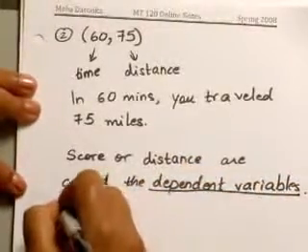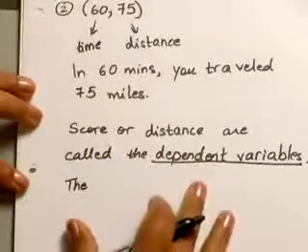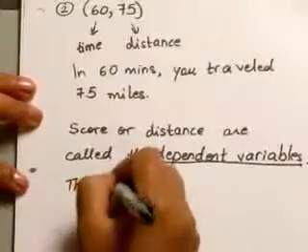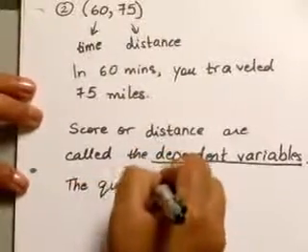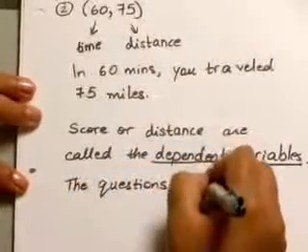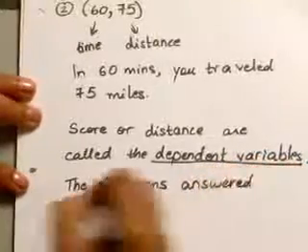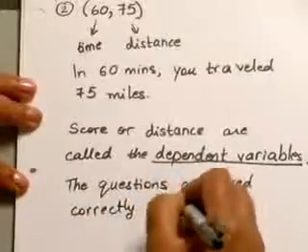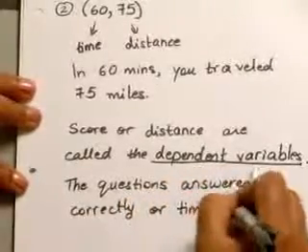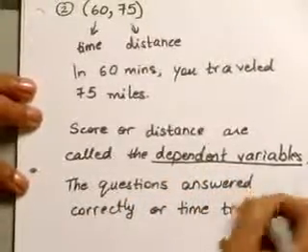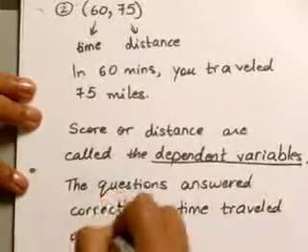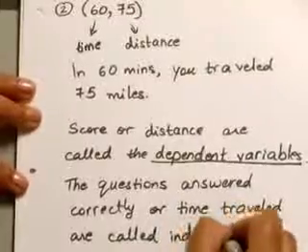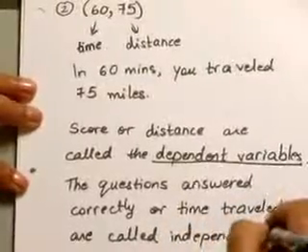And of course your other variable would be the questions answered correctly and the time traveled. Will be called your independent variable because they don't depend on any other value.